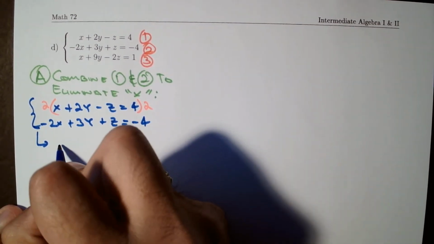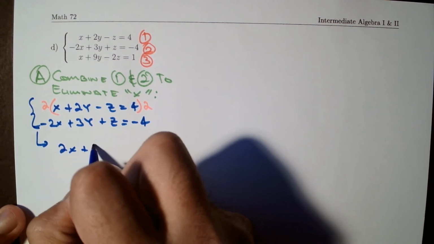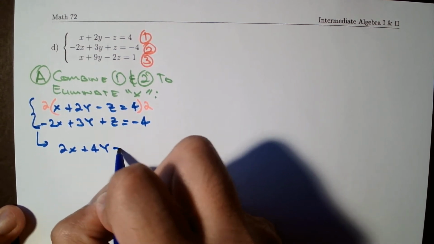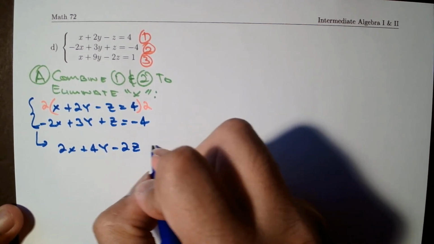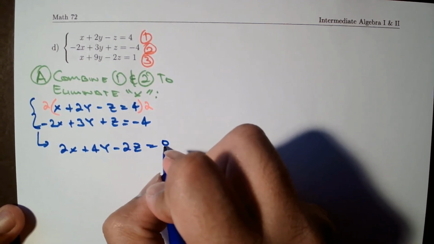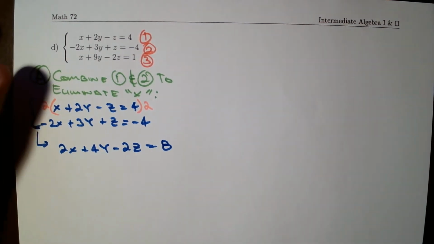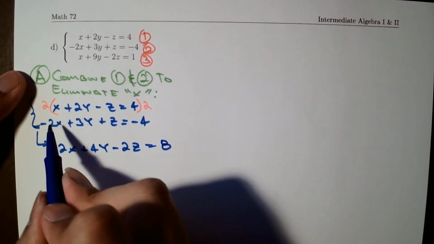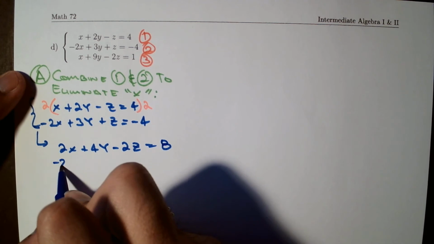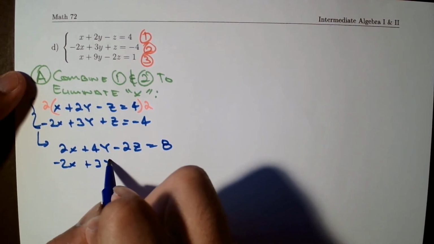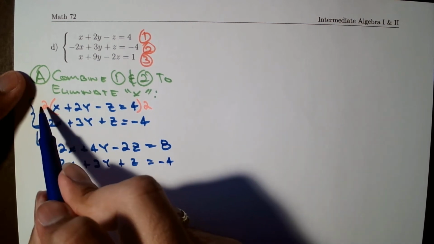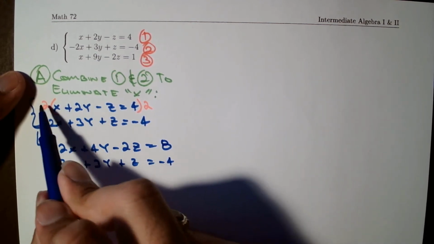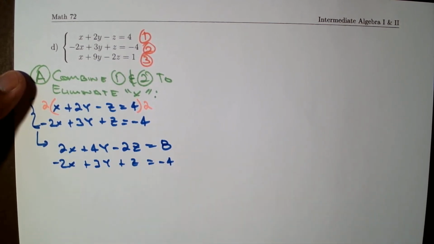So when we combine this together, we get those x's eliminated, as is our ultimate goal. So far, negative 2x plus 3y plus z equals negative 4. Again, keep in mind that we are distributing the 2 about all these terms.